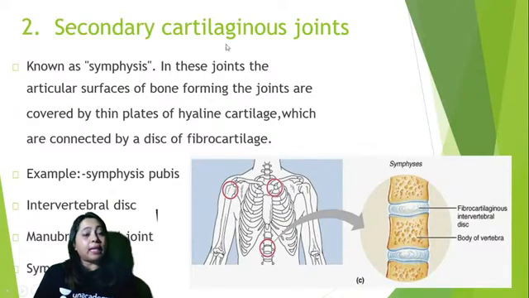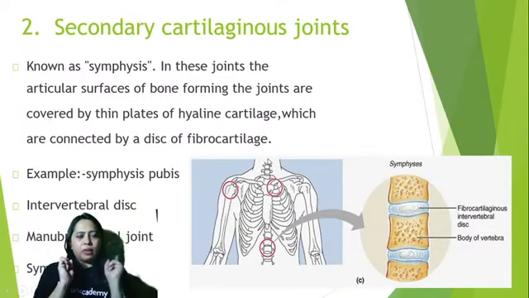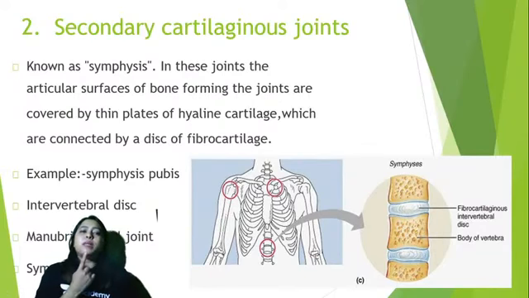Okay, now coming to the secondary cartilaginous type of joint. Secondary cartilaginous joints, I told you, are mostly the ones which are present in the midline. Like I told you, the two sides of the mandible, the right and left side, meet at a midline that is called symphysis. It is called symphysis menti. And then you also have symphysis pubis, and between the vertebral bodies you have a disc, that is called intervertebral disc.